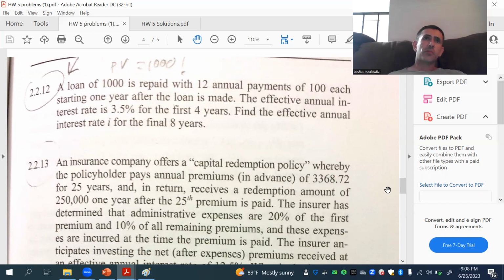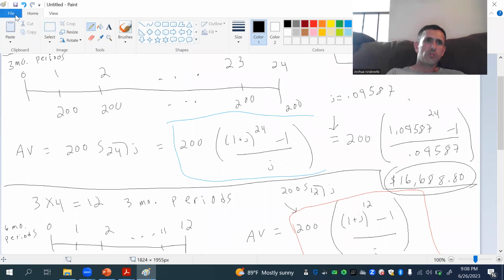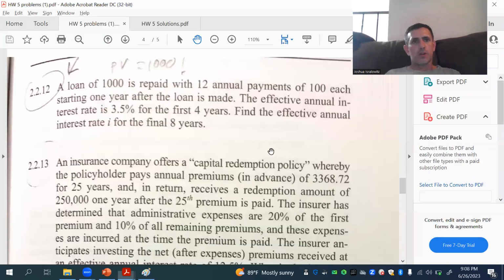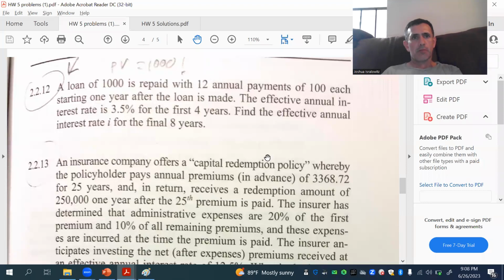If you're not an actuary major, I guess that's fine. But if you are an actuary major, this is very typical of an exam FM problem where you have to use the calculator to get the interest rate. You don't have an online grapher available to you when you take exam FM. And just getting used to the calculator is extremely important. All right, so enough of that rant here.